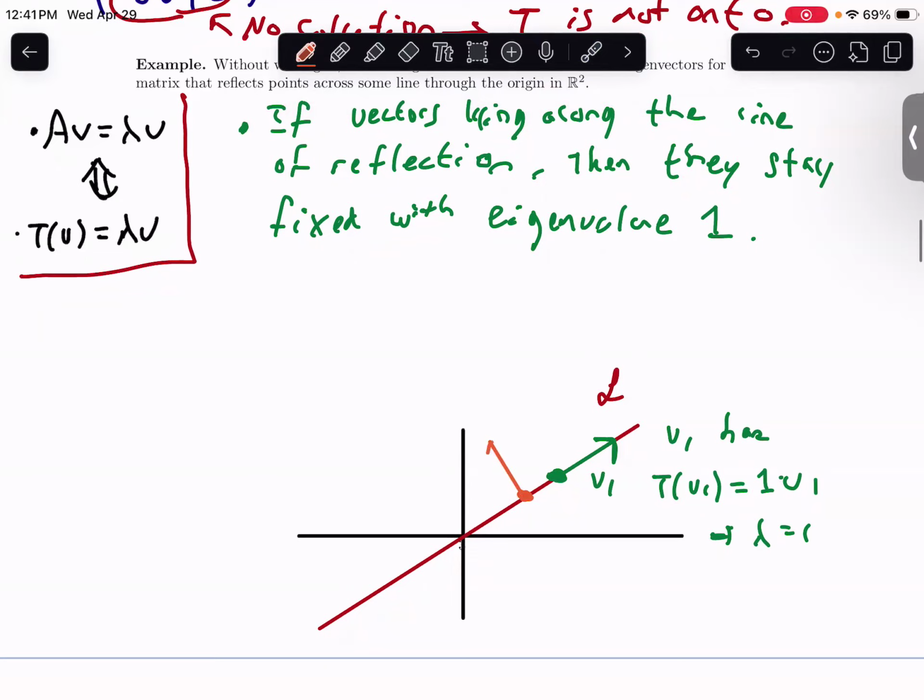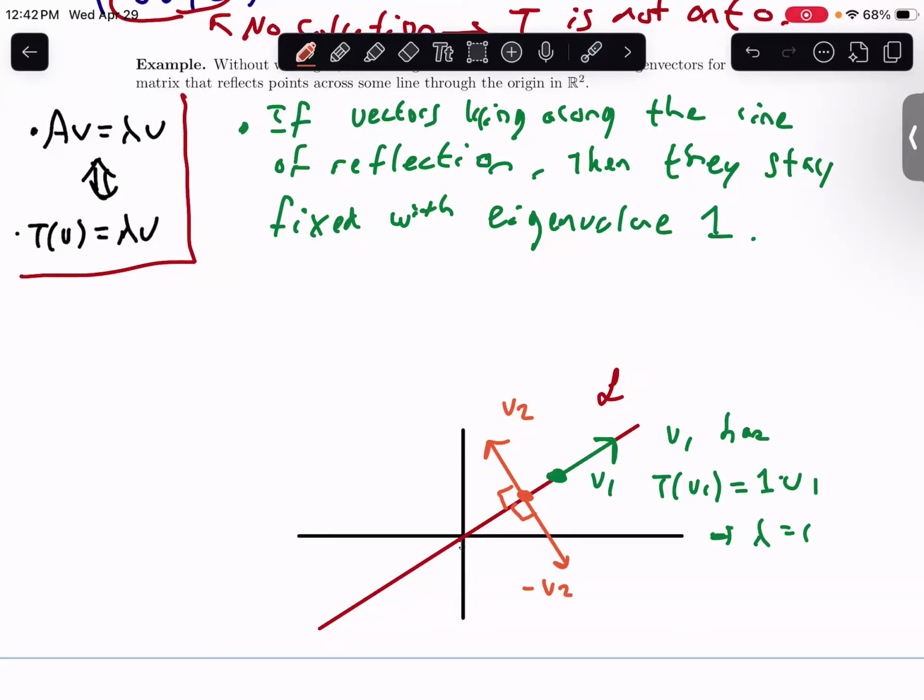So if you have a vector, say V2, that's orthogonal to the line, and we reflect it across the line, it's going to look something like this. It's still orthogonal to the line, except it's pointing in the opposite direction. So this is going to be minus V2.